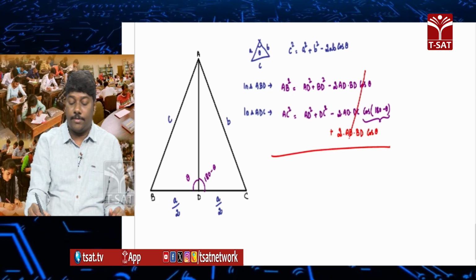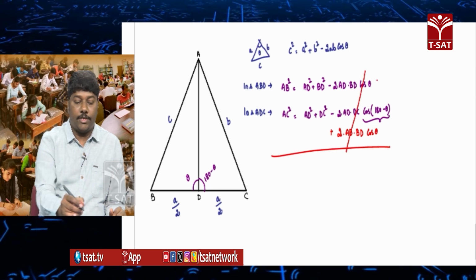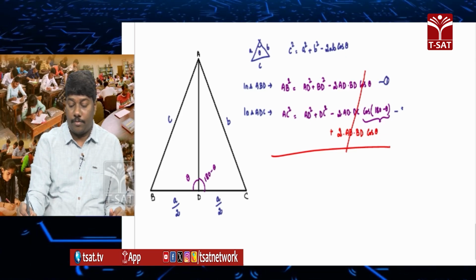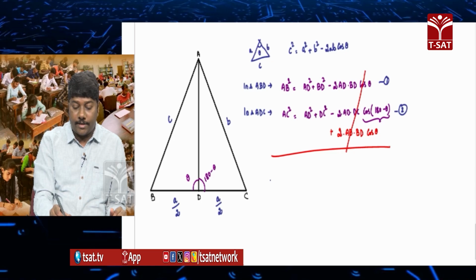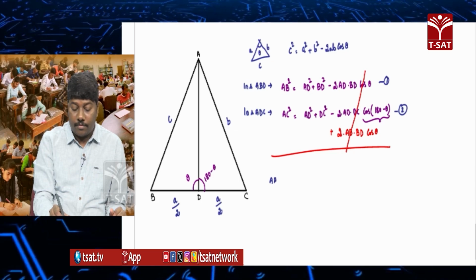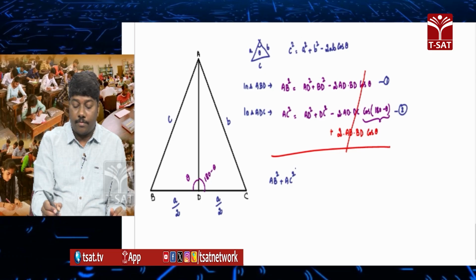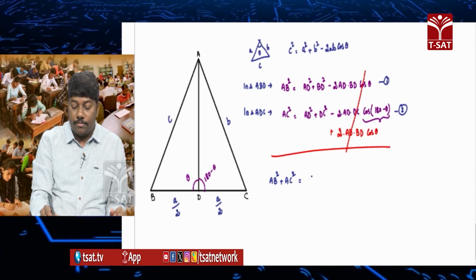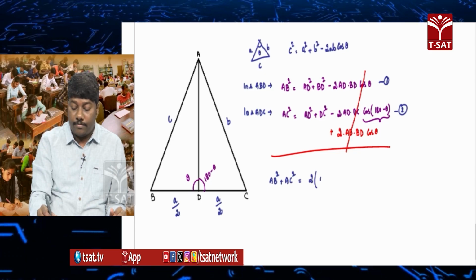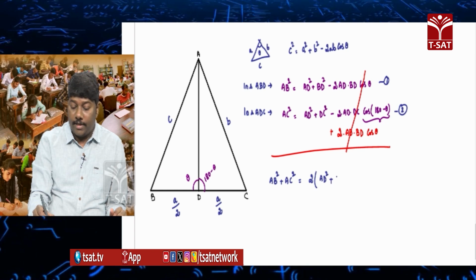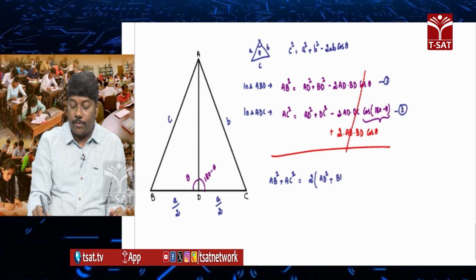We can cancel this, and add both equation 1 and equation 2. Therefore, we get AB square plus AC square is equal to 2 times AD square plus BD square.